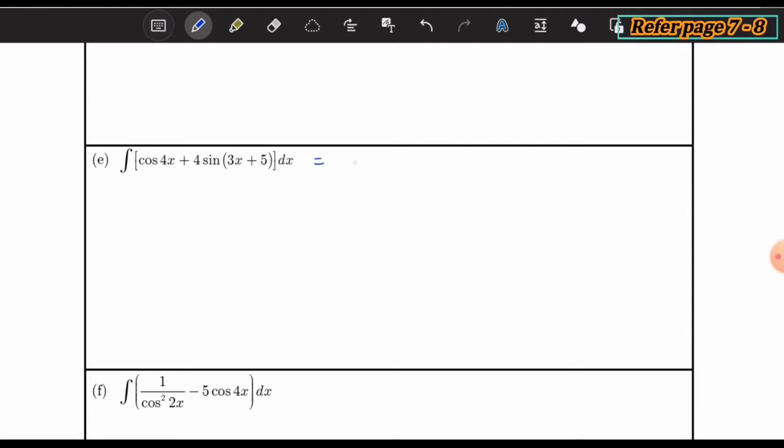Integrate cos 4x is sin 4x over 4, plus, for the constant, integrate sine is negative cos 3x plus 5 over 3 plus c.